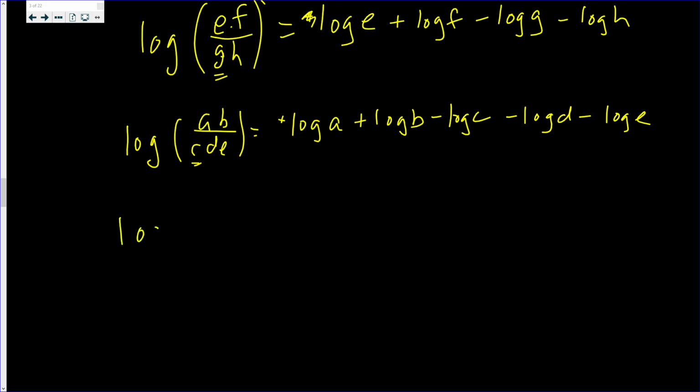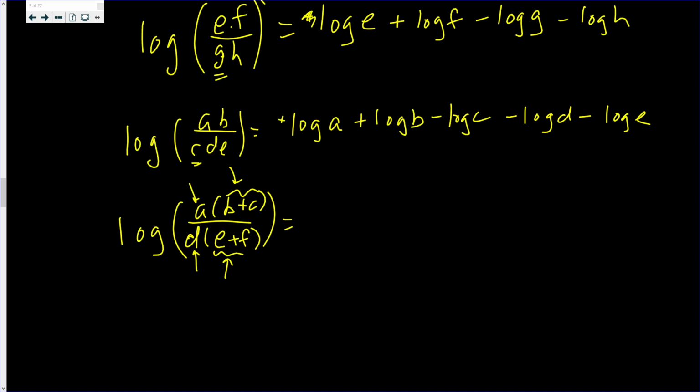Now, if you had something like log of A times (B plus C) over D times (E plus F), these are the quantities in the top that are being multiplied, and these are the quantities in the bottom that are being multiplied. Don't let the name of these factors bother you.